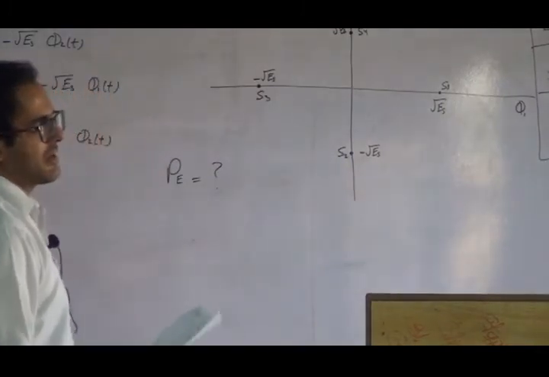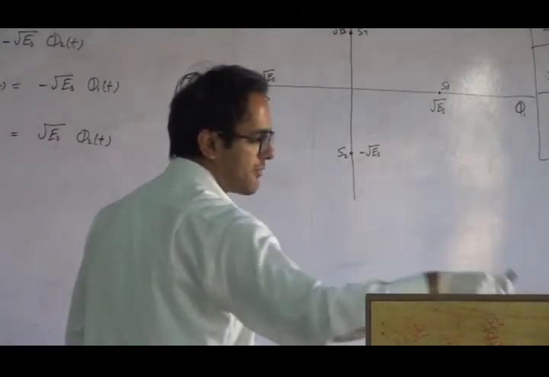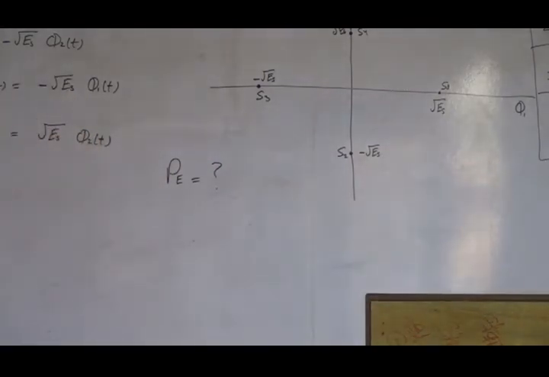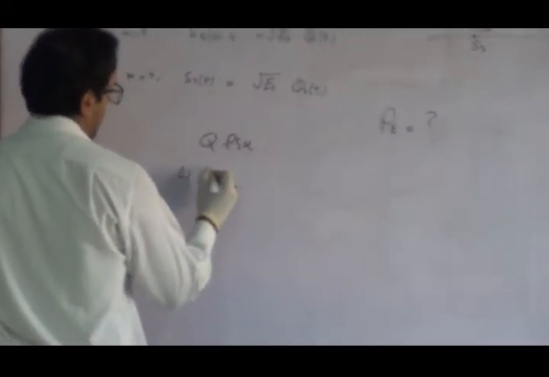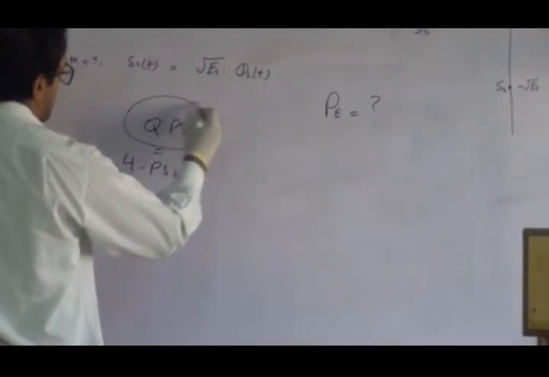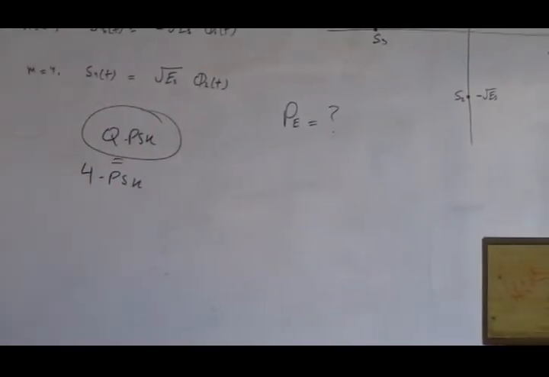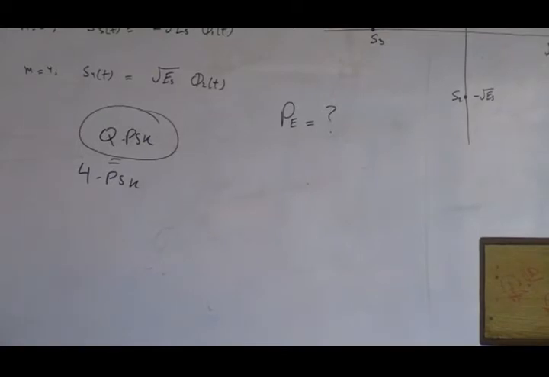In short, we have already computed the probability of error for M-ary PSK with 4 signals, which we call QPSK. Instead of writing 4-PSK, we call it QPSK, the well-known notation for this scenario: quadrature phase shift keying, right?